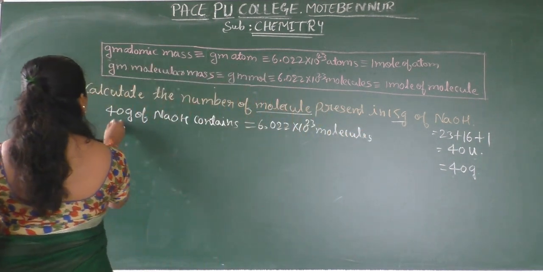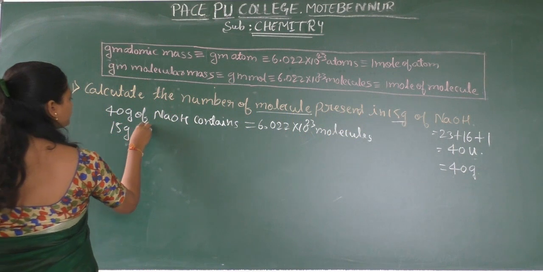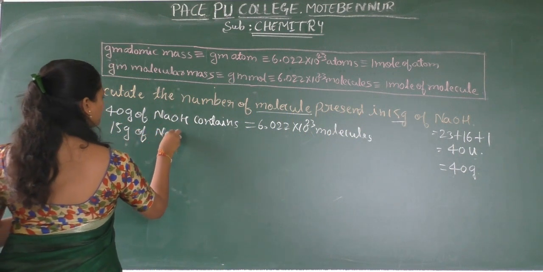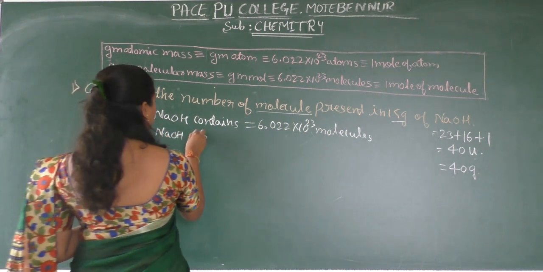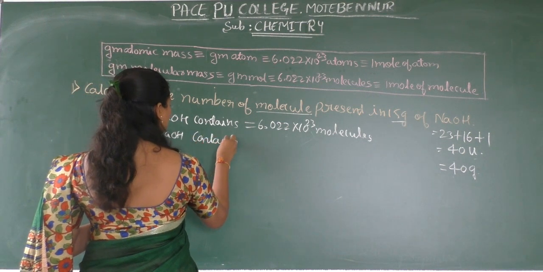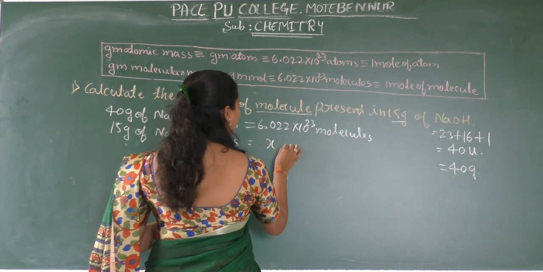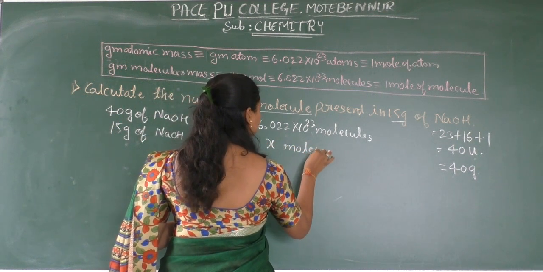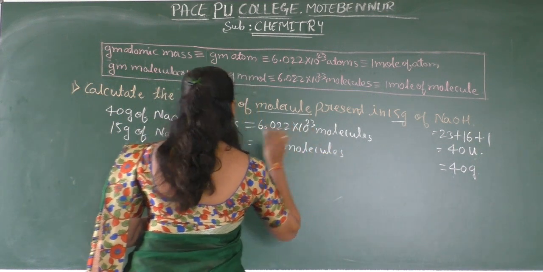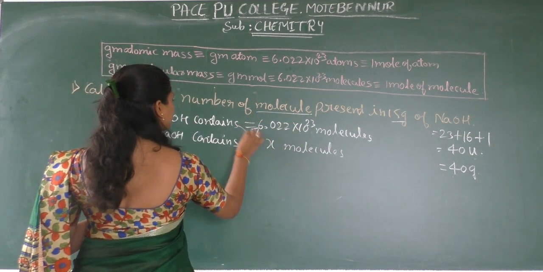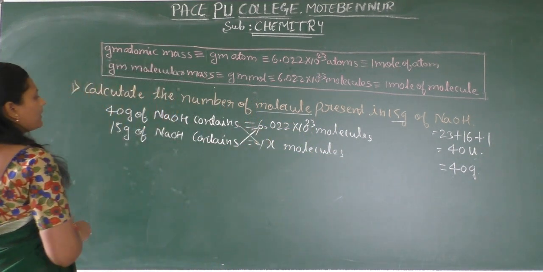Next, 15 grams of NaOH contains X number of molecules. Next, we have to cross multiply this one to get the answer.